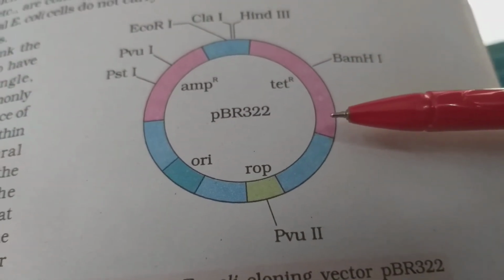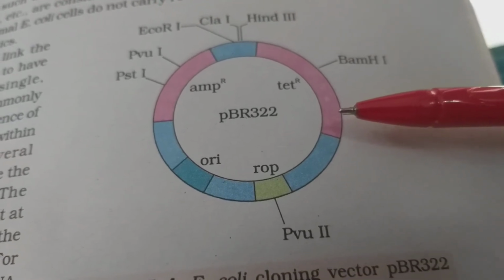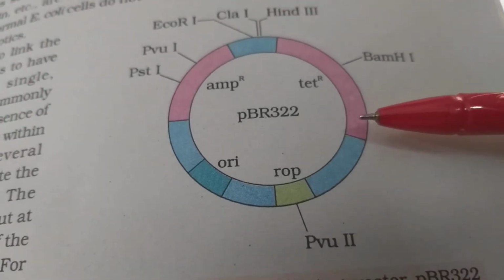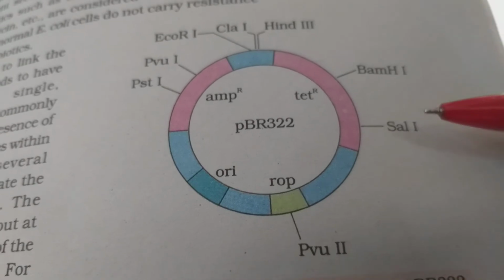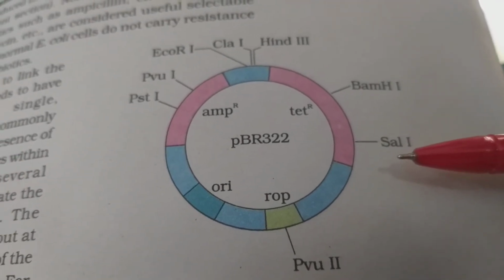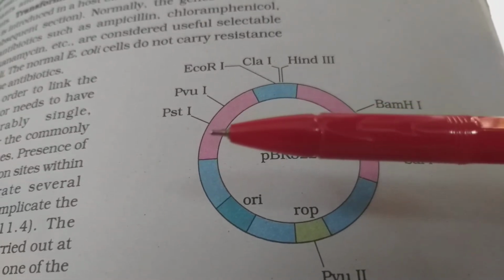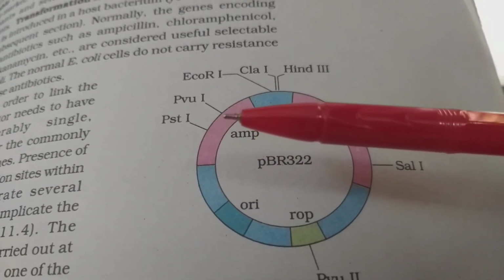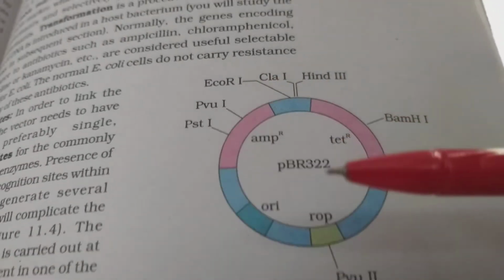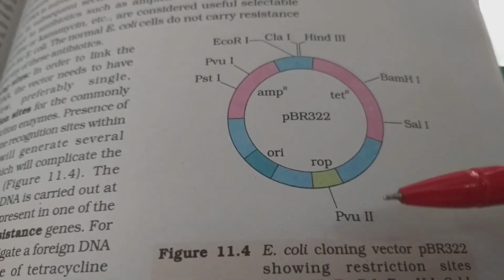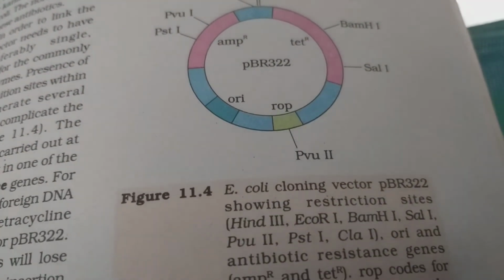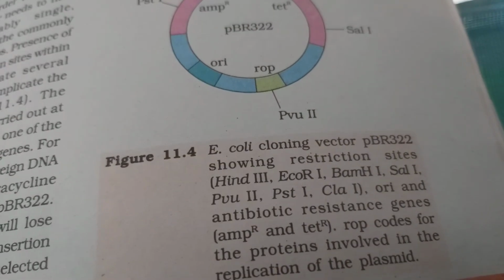This is the specific sequence where the enzyme SalI cuts the DNA. Similarly, PstI, PvuI, EcoRI, PvuII, these are the names of restriction enzymes.